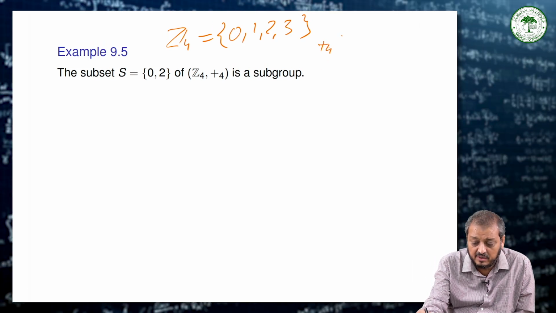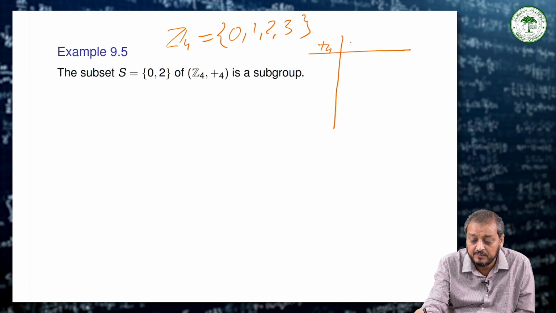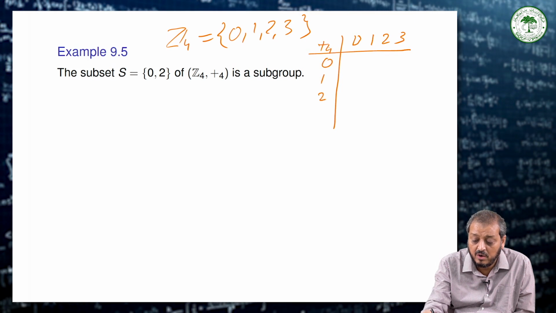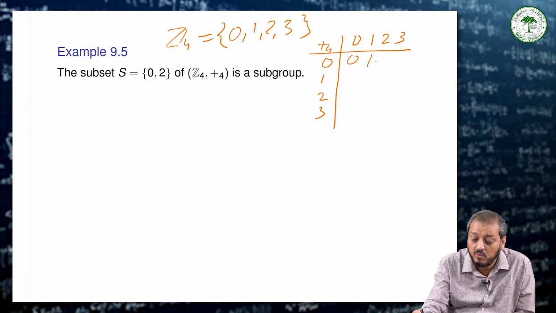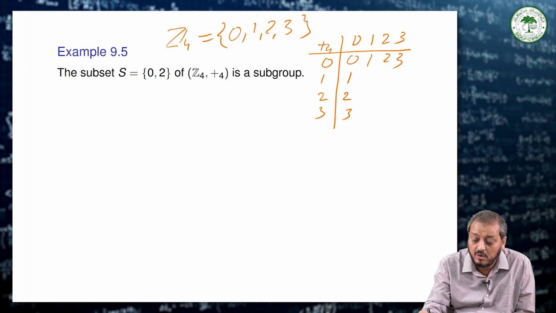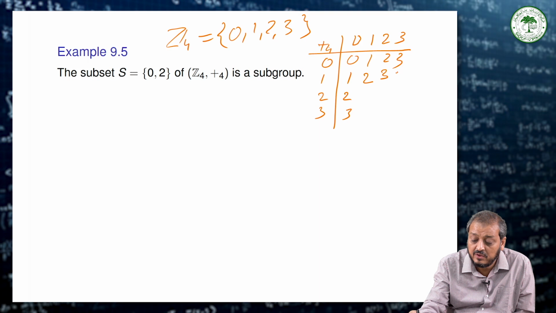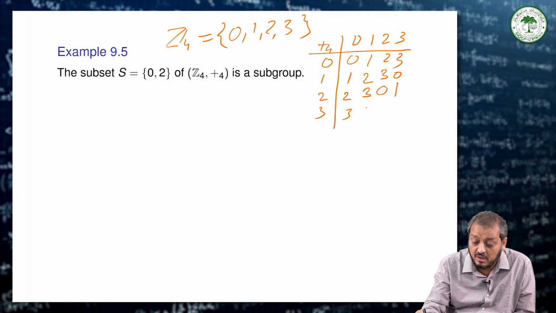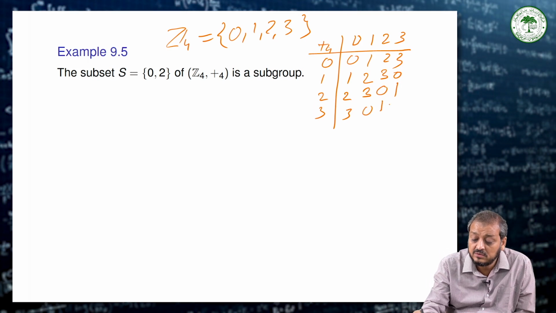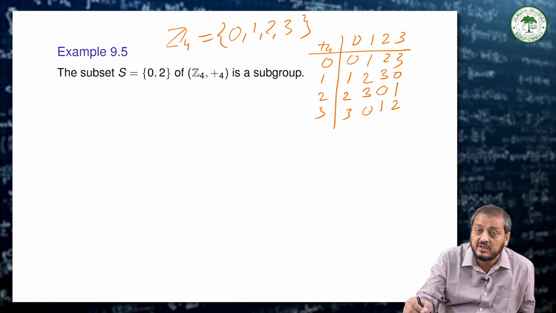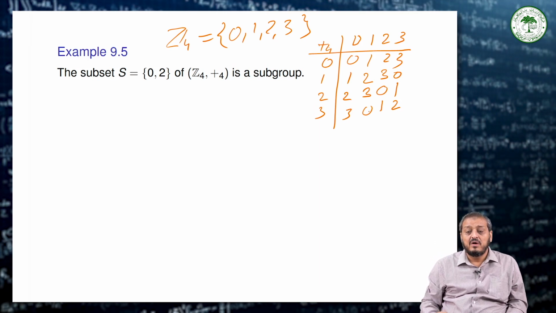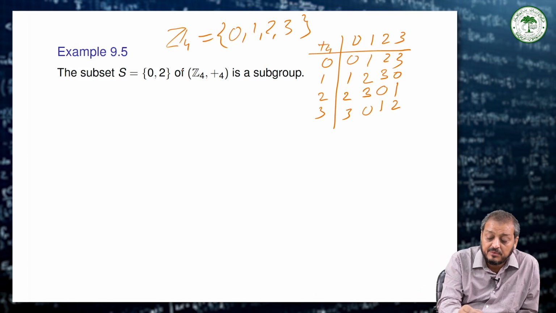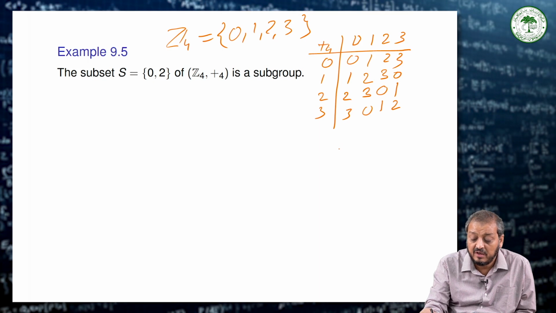If you want, we can write the complete table: 0, 1, 2, 3 along both axes, with rows 0 1 2 3, then 1 2 3 0, then 2 3 0 1, then 3 0 1 2. Clearly this is a group under addition modulo 4.